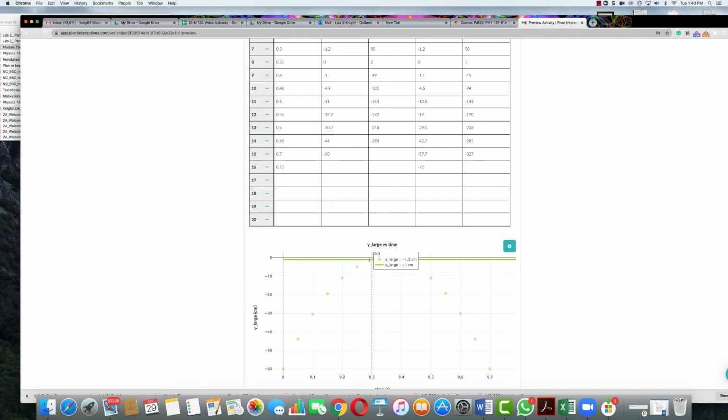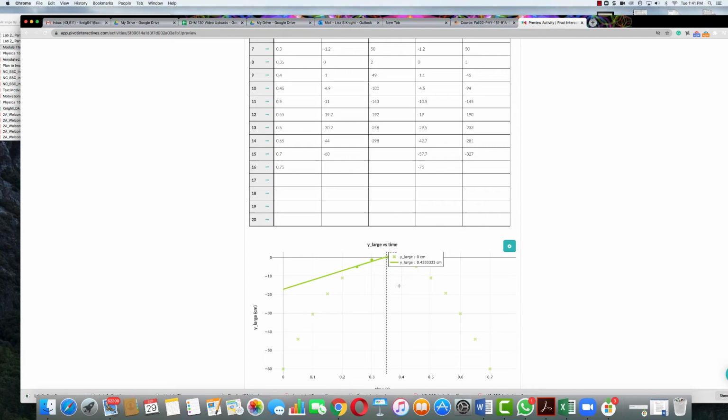Okay, at 0.3 though, I want to get rid of that. So at 0.3, there we go. Right here, I have negative 1.2 centimeters. And I can keep doing this. So I want to find the slope at a point. So here's a slope at a point here, and this point is at 0.3, so it's negative 2.066.